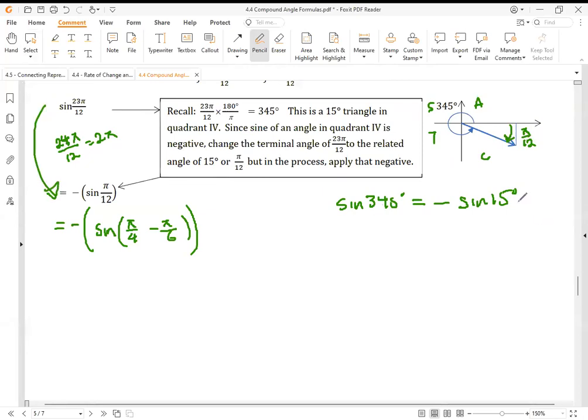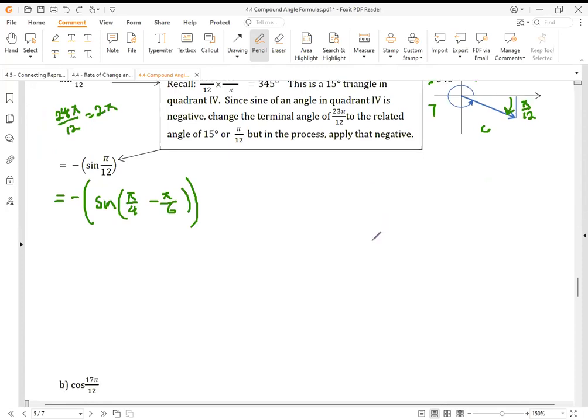And now that I have 15 degrees, that is 45 minus 30. I can use compound angle formula. So again, you don't have to do this. Do whatever makes your life easier. I'm just showing you different tools in your toolbox. And I hope you feel more and more comfortable as time goes on of using one or the other anywhere you want.